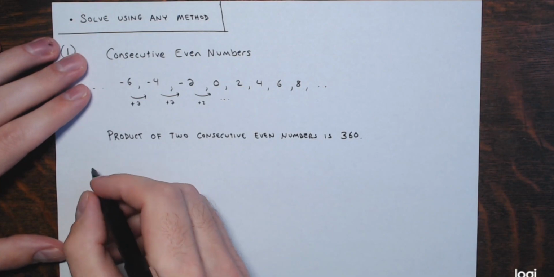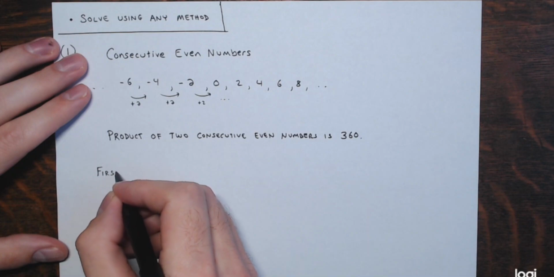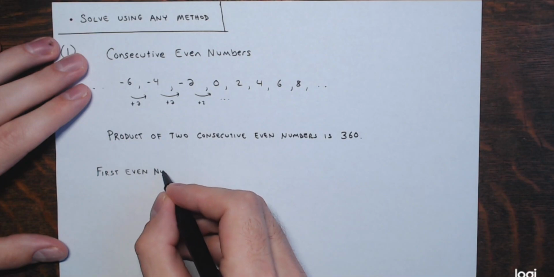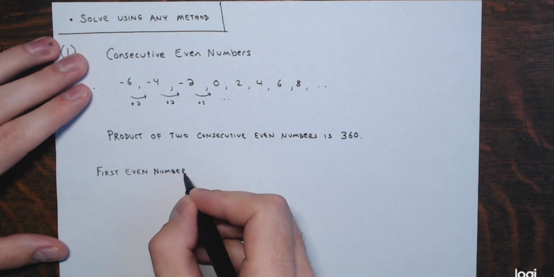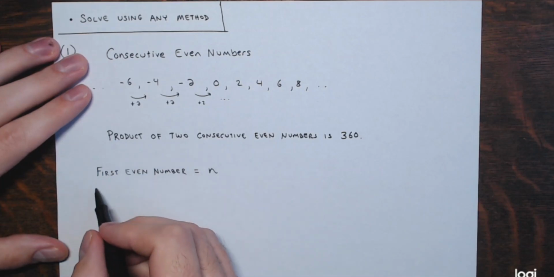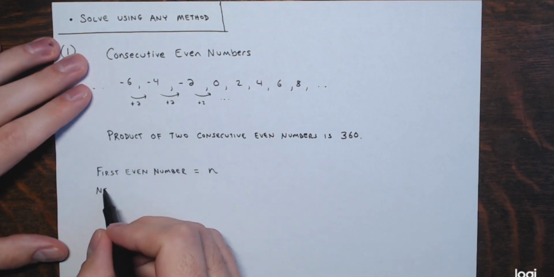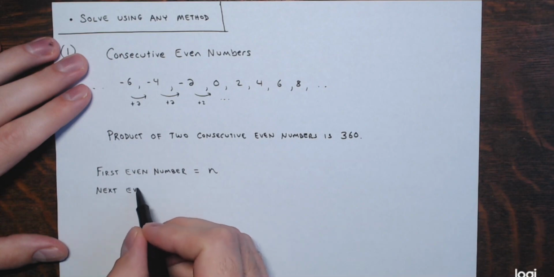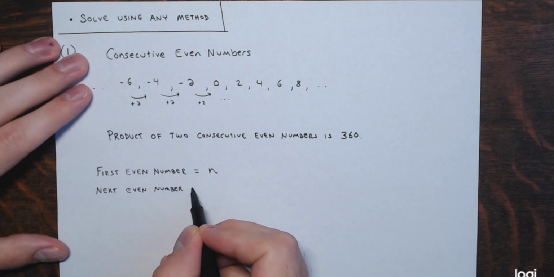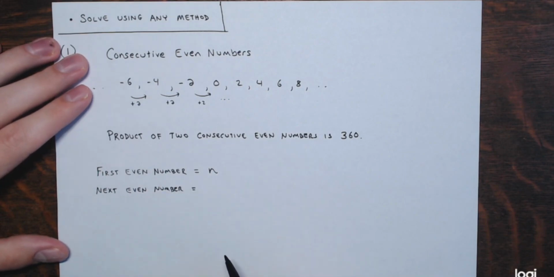So what are they asking me for? They're asking me to find these two numbers. So I'll say the first even number is unknown, and I'm going to call this just n for number. That's unknown. And the other unknown is the next one, the next even number, the next consecutive one, which you could call something else if you wanted to.